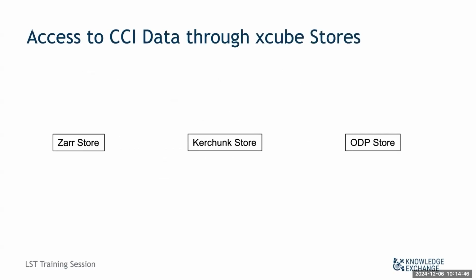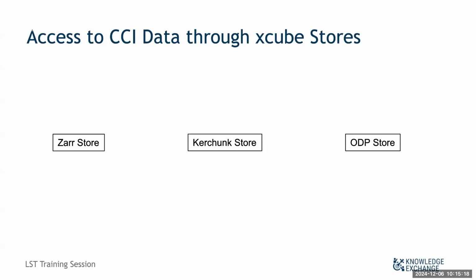There's just a quick word then about how to get the data, because there we are using a certain concept, the concept of stores. So within the toolbox, we have 3 different stores: the Zarr store, the Kerchunk store, and the ODP store, where the ODP store provides access to the open data portal from which we get all the ECV data in its different formats.